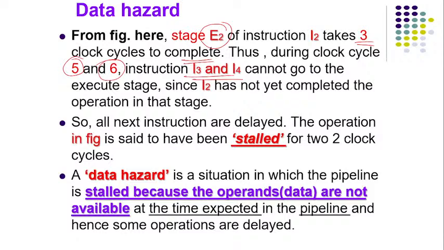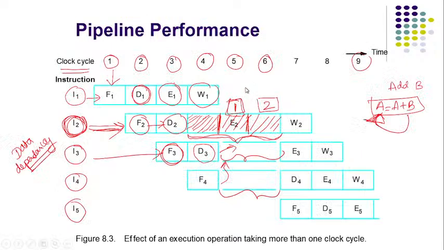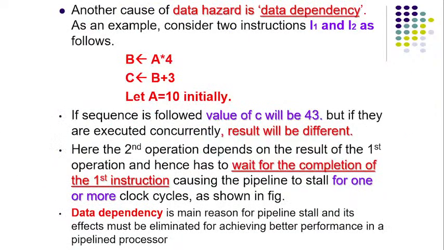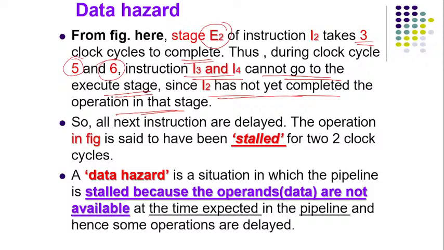So here I3 and I4 cannot go to the execution stage since I2 has not yet completed the operation. Second instruction has not completed the operation. It is taking extra clock cycles. So all instructions are delayed.